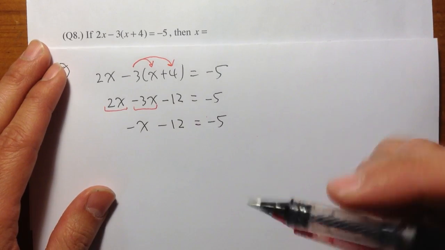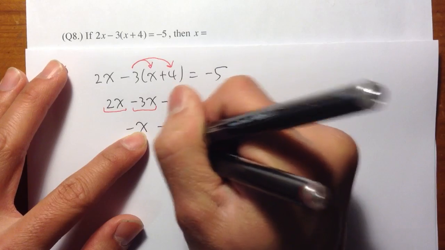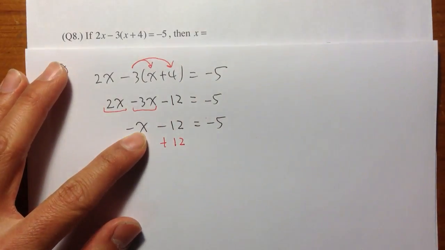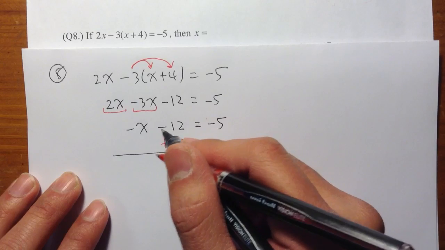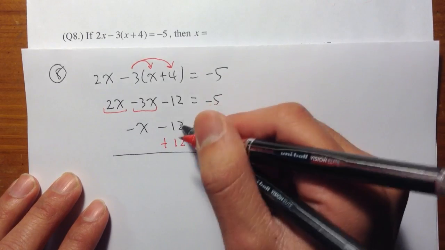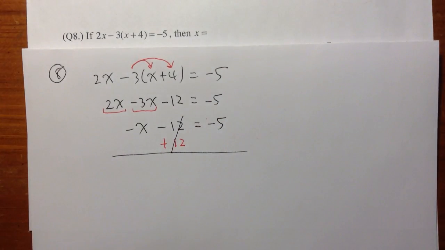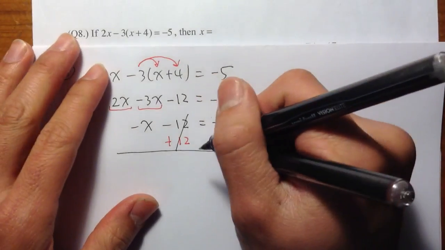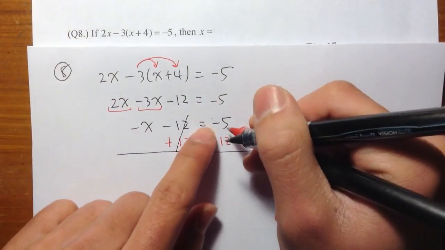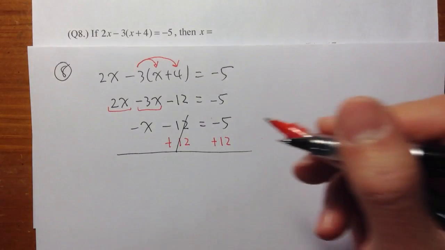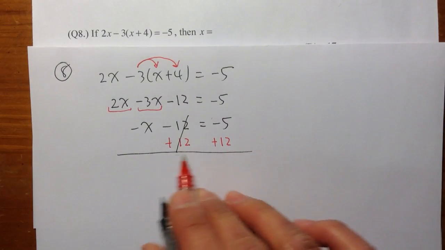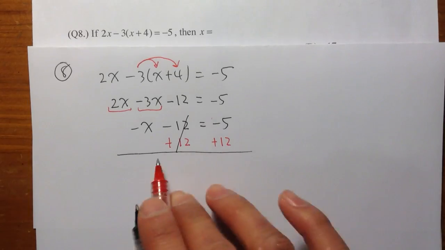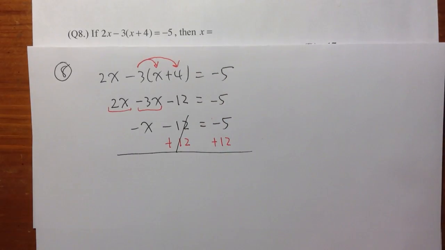What we are going to do first is add a 12 right here, because minus 12 plus 12 become just 0, so the 12 doesn't matter anymore. However, we are going to add a 12 on the right hand side as well. Notice that I put a plus 12 on both sides of the equal sign.